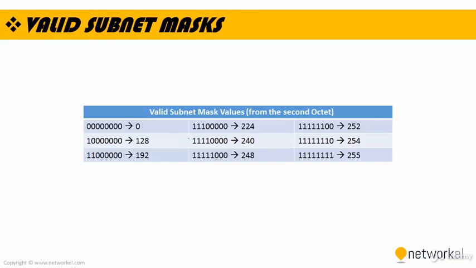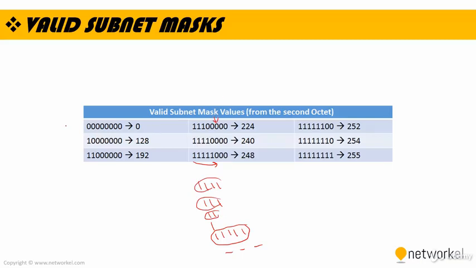Here are the valid subnet mask values. As I told you in our previous slide, we should use serial ones. And as you can see, I cannot use a separate one between zeros when I'm writing a subnet mask.